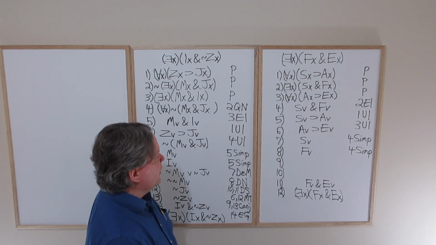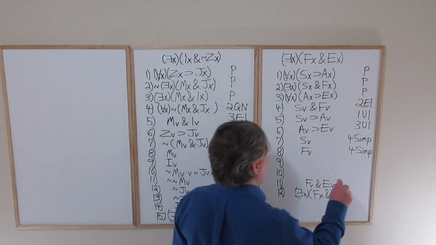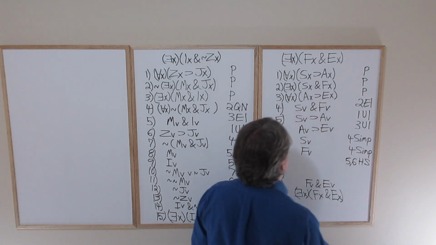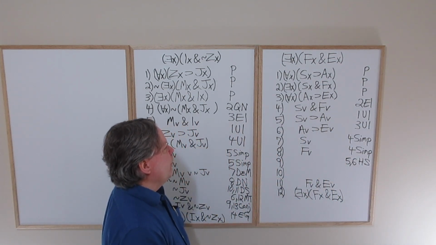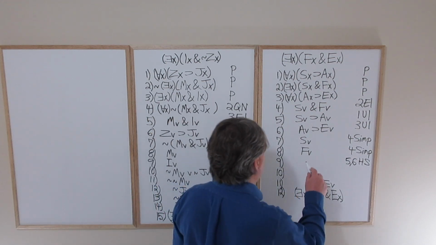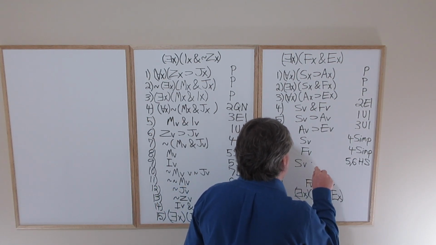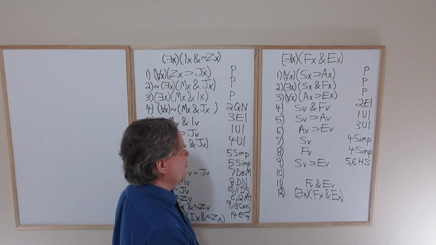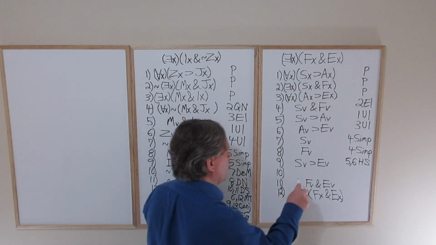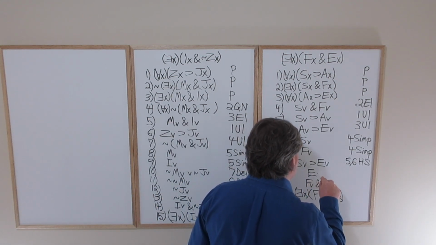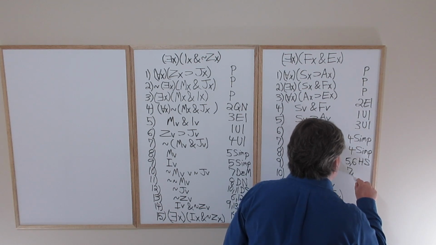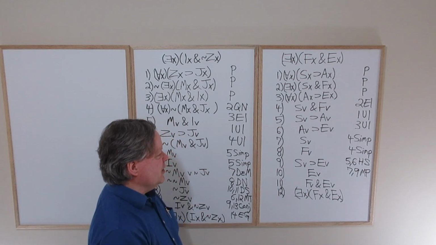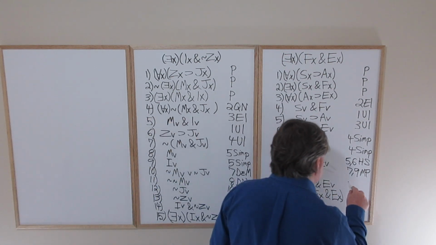Suppose we go for the hypothetical syllogism. 5, 6 is going to give us: if unspecified V is a screen star, then unspecified V is envied. 7, 9 modus ponens: unspecified V is envied. 8, 10 conjunction.